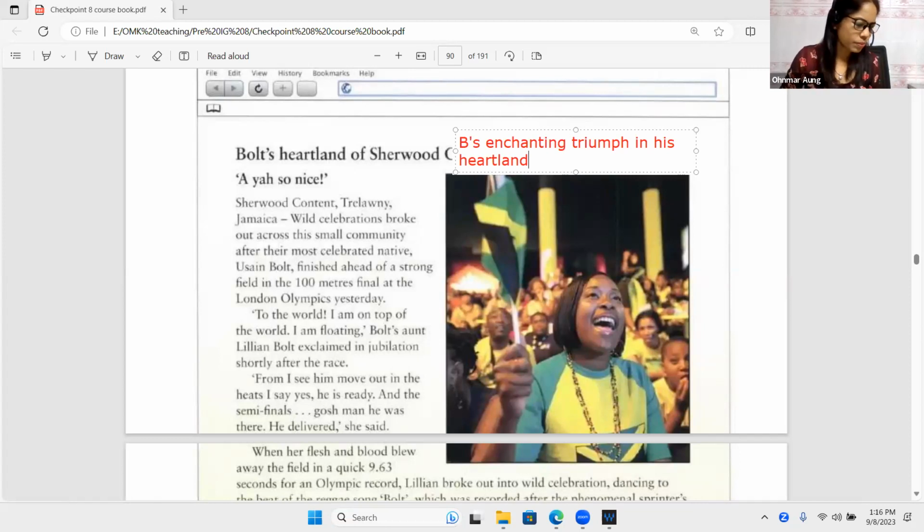Let's do language. Style and content of the text.